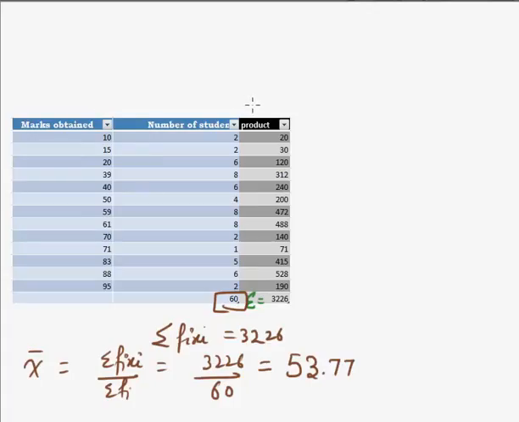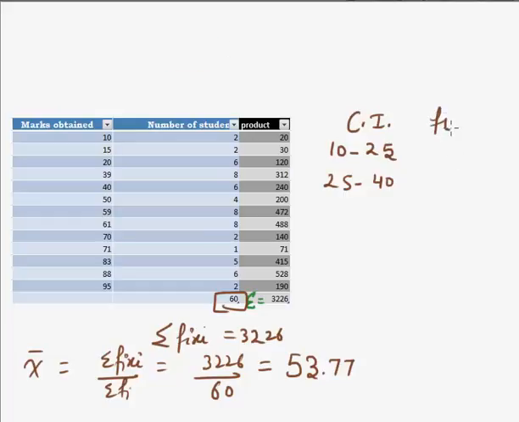Friends, we can also calculate mean of this data by forming class intervals, that is forming a grouped data. Say we can group observations from 10 to 25 in one interval, from 25 to, since we are taking a difference of 15, 25 to 40 in another interval, or you can make another class interval of say 10 to 20, 20 to 30 and so on.